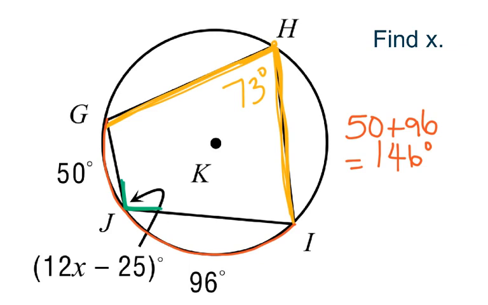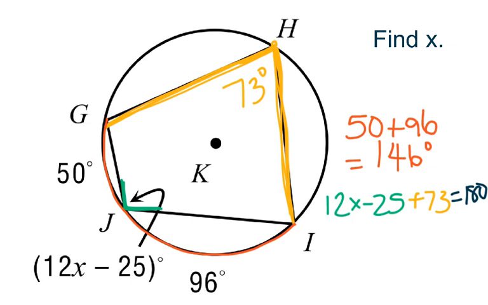From there, I know that if I add the green and the yellow angles, they have to add to give me 180. The green angle is 12x minus 25, and the yellow angle is 73. From the rule that we talked about at the beginning, they are supplementary, so they have to add to give me 180 degrees.